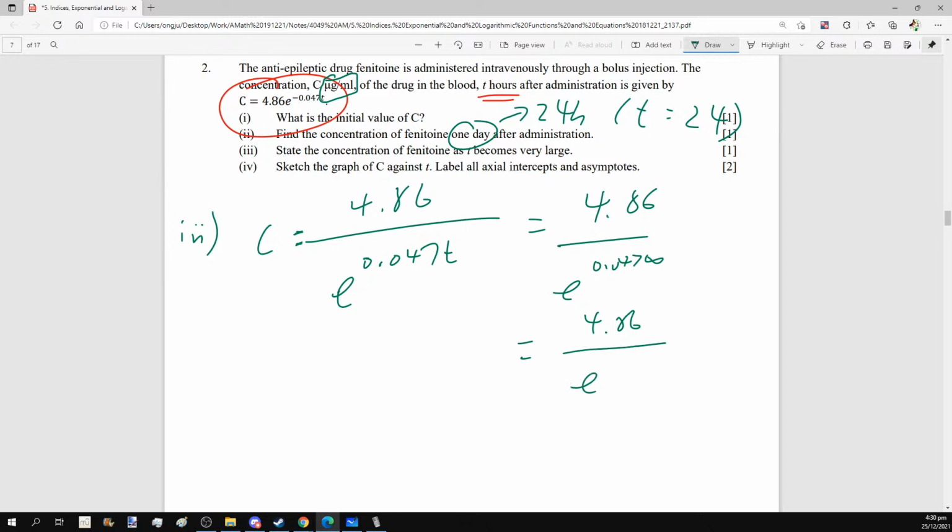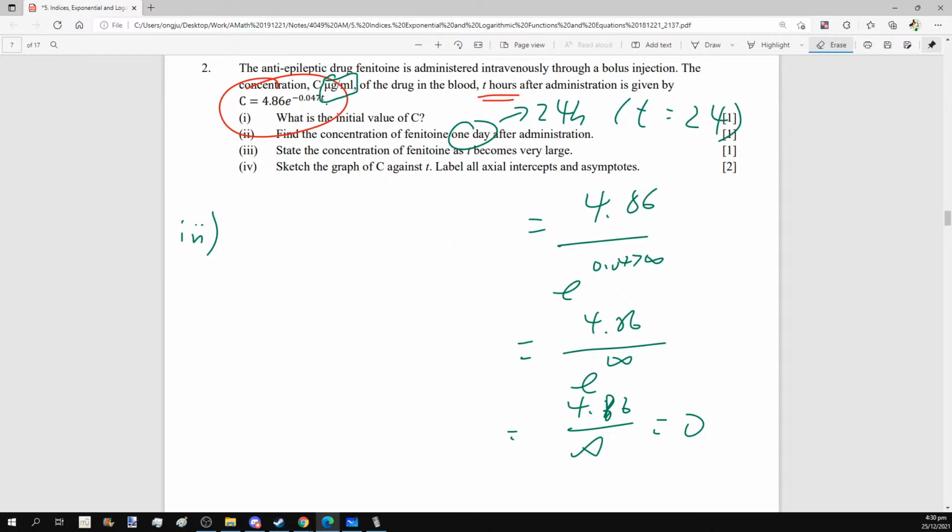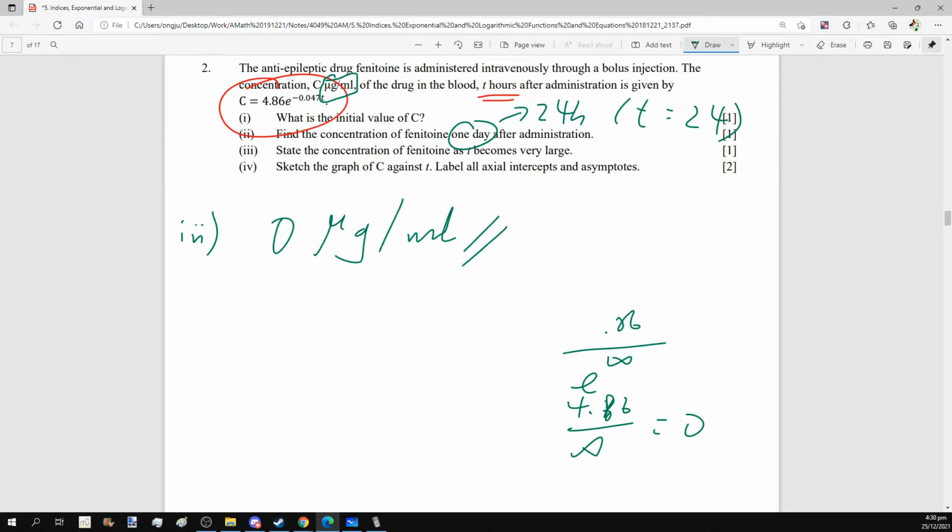Multiplied by infinity doesn't change anything, so we have e to the power of infinity. E to the power of infinity will obviously be infinity, and this will give us a number divided by infinity, which gives us 0. And therefore, the final answer, or rather, the immediate answer, because it says state, so there is no working to be done. So all we need to do is to simply tell them, wham, 0 micrograms per milliliter, and we are done.